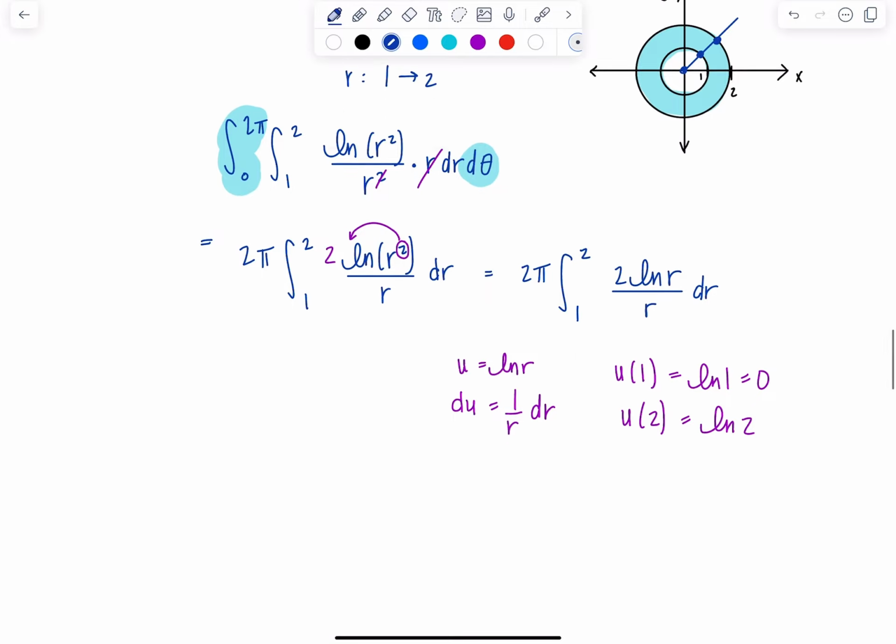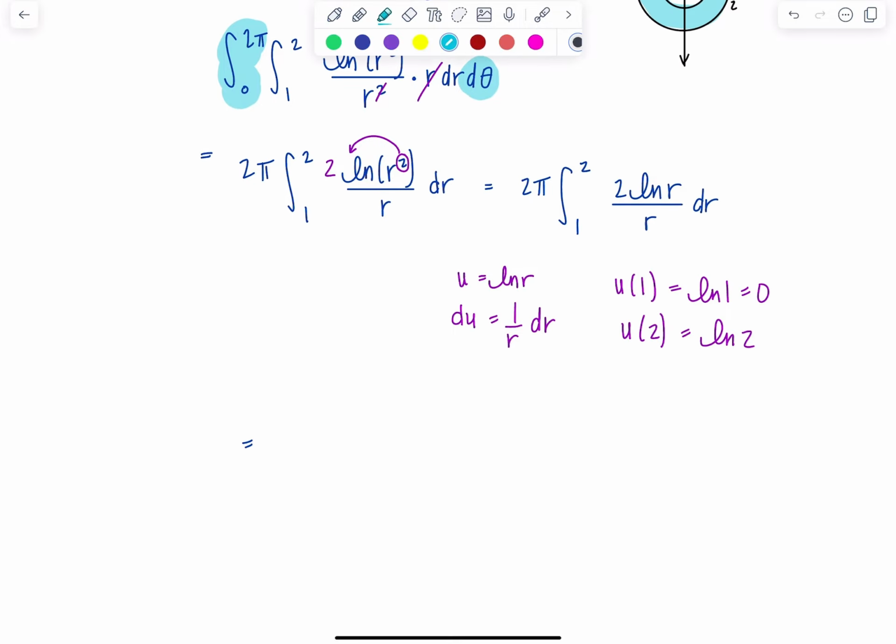Great. So now there's no reason why these two should not be joined outside the integral together. 4 pi, look at them having a party out there. From 0 to ln of 2, ln of r is u, and then 1 over r dr is my du. Beautiful.